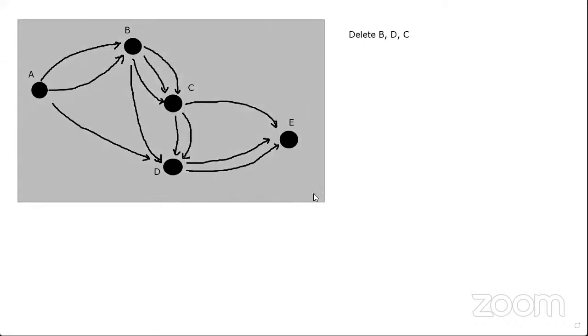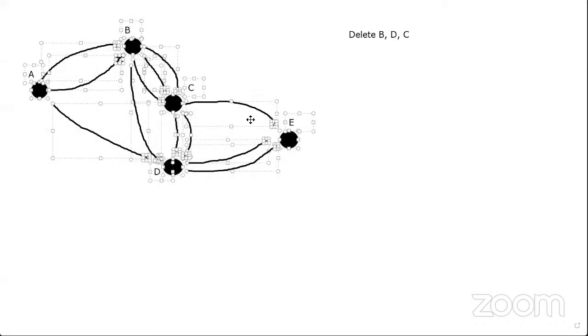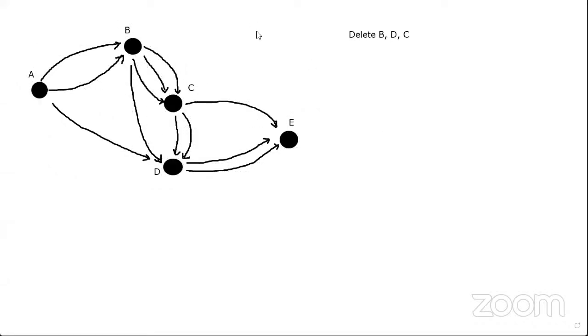Maybe I'll just draw another one. So this is deleting B. Then you have from A to C, that is 6.